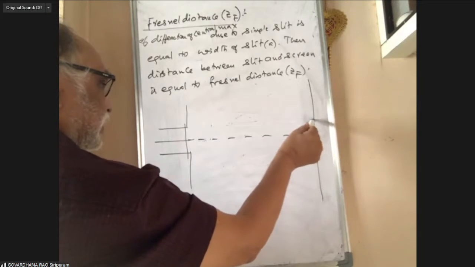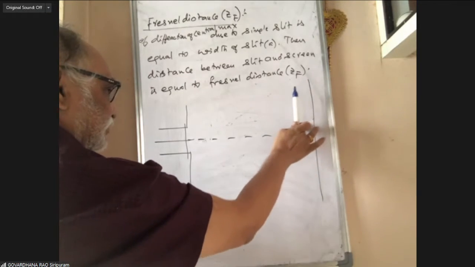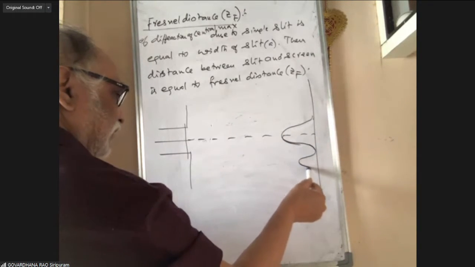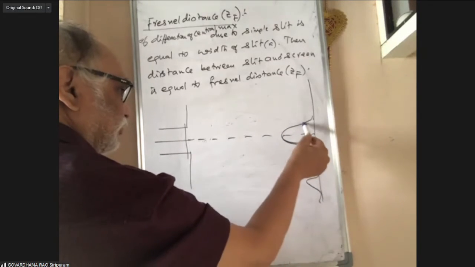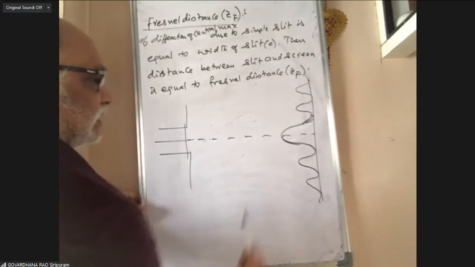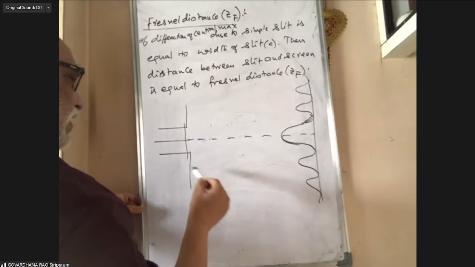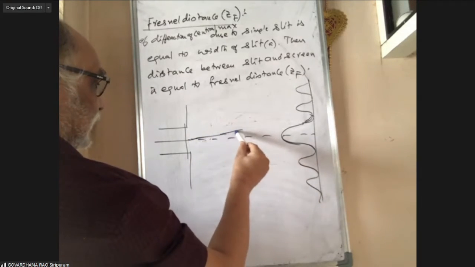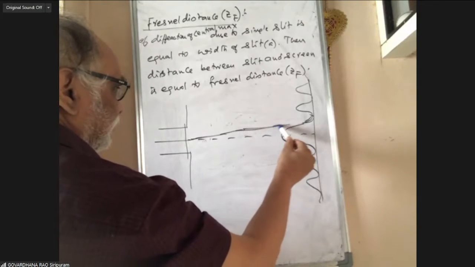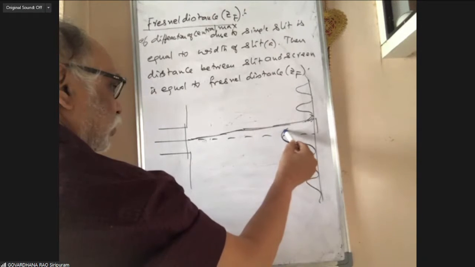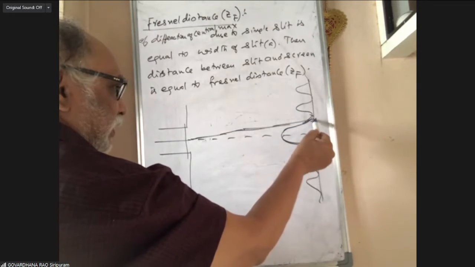You will find here the central maximum. Like this you will observe. So what is the diffraction of the central maximum? This is called diffraction of the central maximum. It will be diffracted up to the first minima.